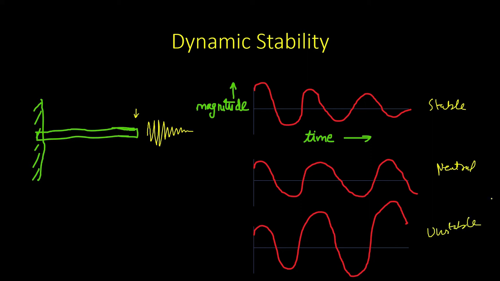Now please keep in mind that in all the three systems, the system is always trying to come back to its original position. See, here it is trying to come back to its original position, then it moves further away, then again it tries to reach its original position, then it moves further away. In the second case also, it is trying to come back, then it moves away, again it tries to come back, again it moves away, and similar is the third case.